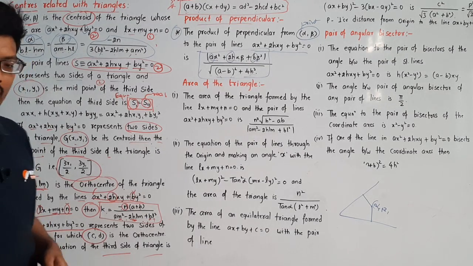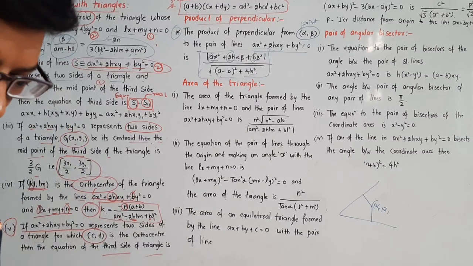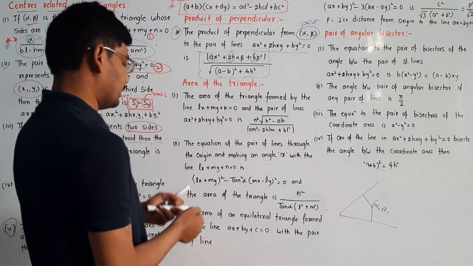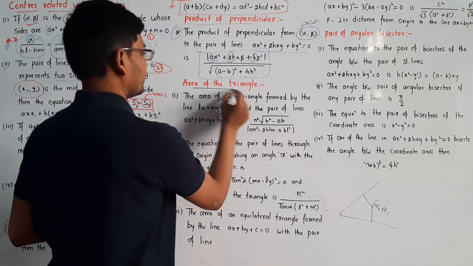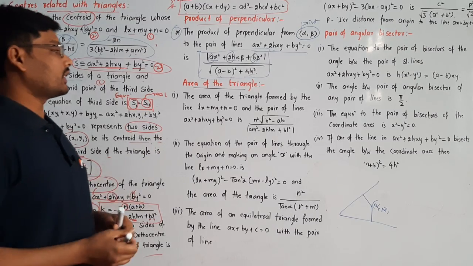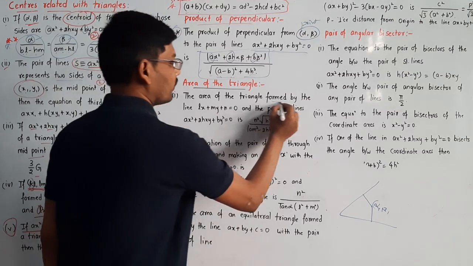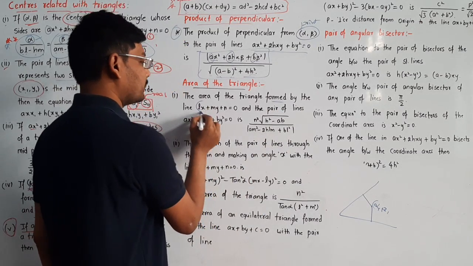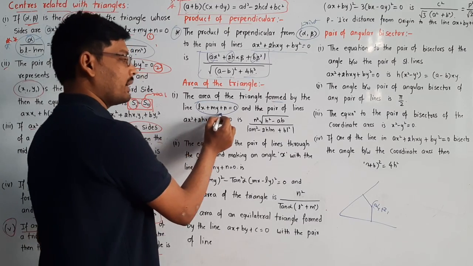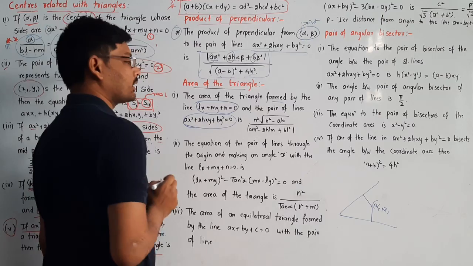Now the next topic will be the area of the triangle. The area of the triangle formed by the line Lx plus My plus n is equal to 0 and the pair of straight lines, that is ax square plus 2hxy plus by square.